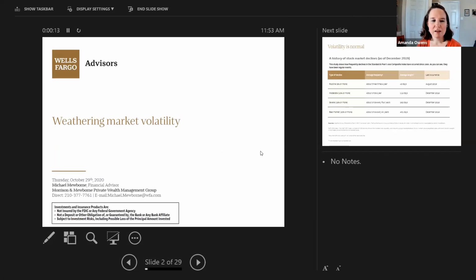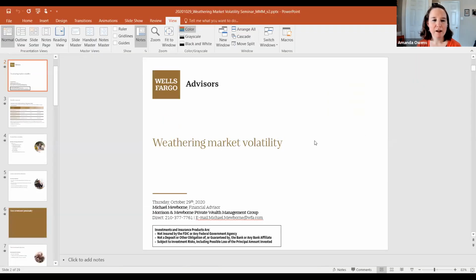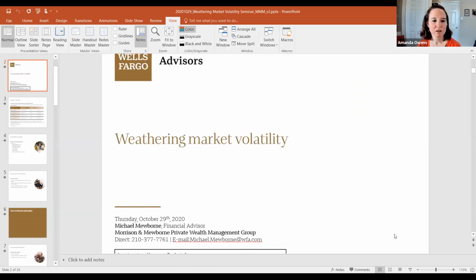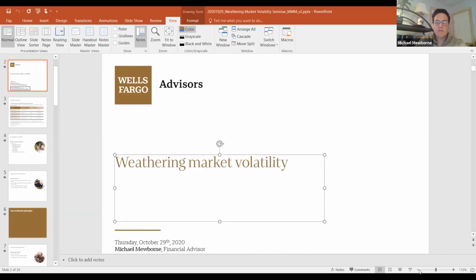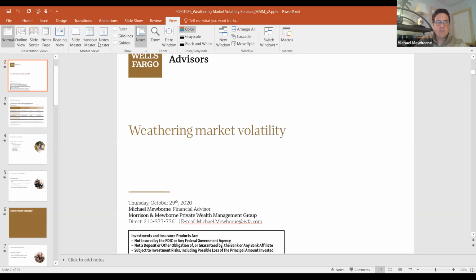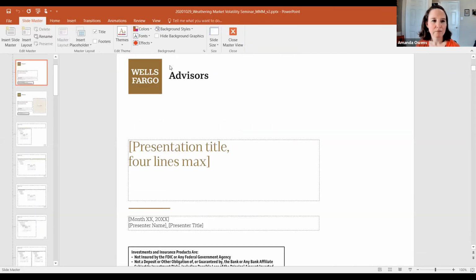I'm wondering, just so it can be made larger, if staying on this page might be better, maybe zoom in. What do you think? It's fine to me. Yeah, I think that'd be fine. Maybe try a different view. Slide master. Oh yeah, there's the option, close master view, over to the right.